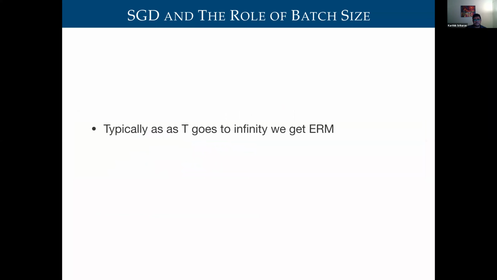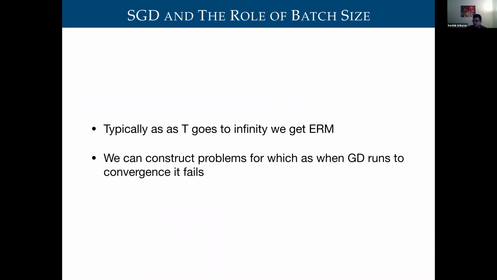Now, the first thing that I should mention is that typically as T goes to infinity, a lot of times what you can show is that gradient descent starts to go close to an ERM. And so it's fairly easy to construct a problem where gradient descent, if we run to convergence, meaning that you run it until it converges to a solution, fails.